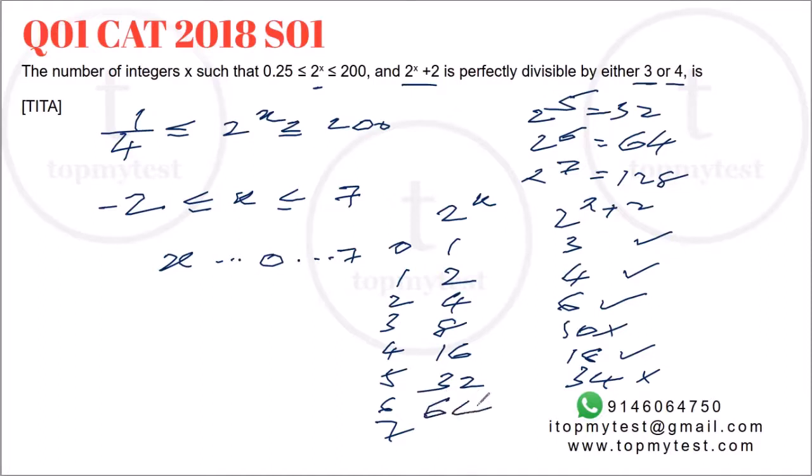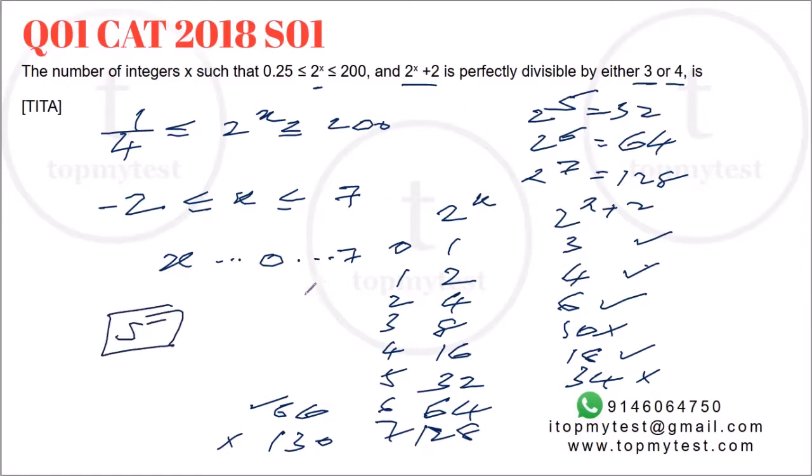Then it is 64, 64 plus 2 is 66, this is also divisible by 3. This is 128, 130 is not divisible by either 3 or 4. So you can just count it: 1, 2, 3, 4, 5 such cases.